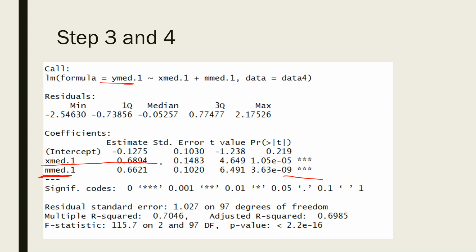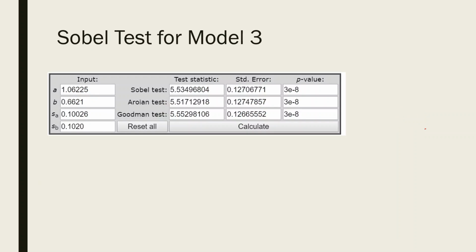And here we can see that there is a significant relationship between X and Y, which means that this is partial mediation.